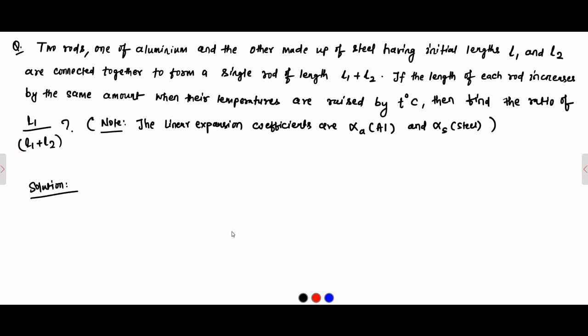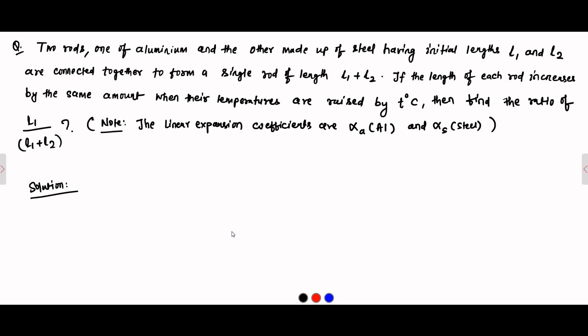The linear expansion coefficients are alpha subscript A for aluminium and alpha subscript S for steel. So we have to find the ratio of the length of the aluminium rod to the total length of the combined rod in terms of the expansion coefficients, and let's see whatever other parameter comes into the equation.